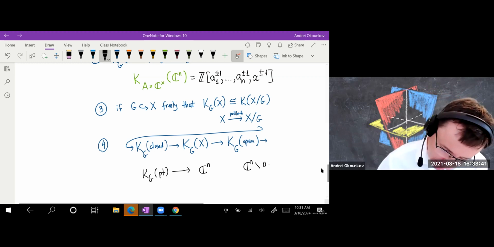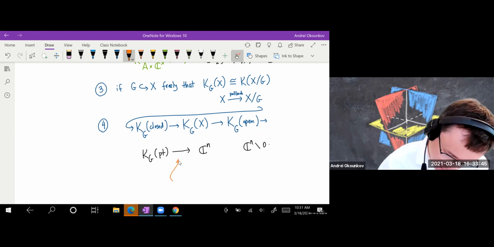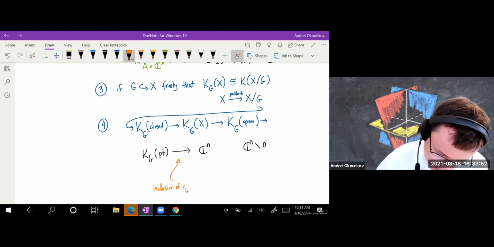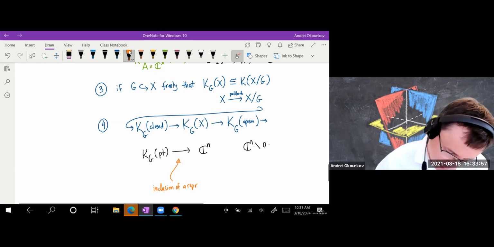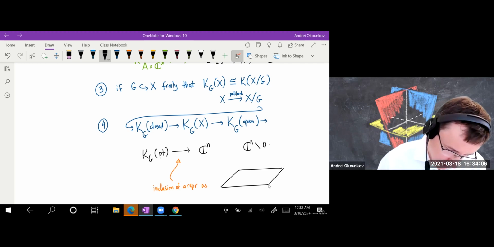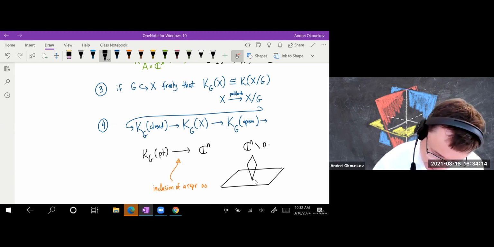This is this map here. It is the inclusion of a representation as a skyscraper sheaf. It means you take a representation and you make a skyscraper sheaf at the origin.